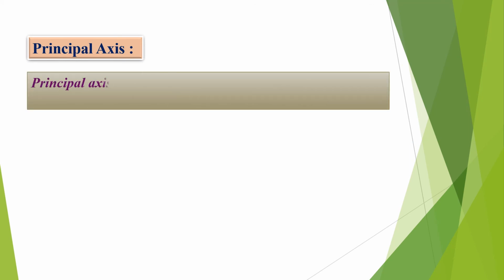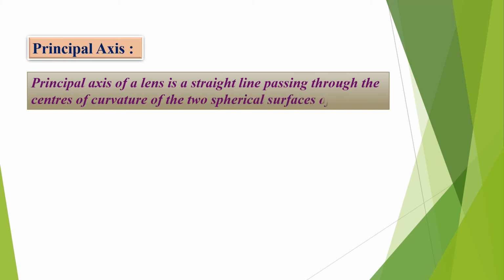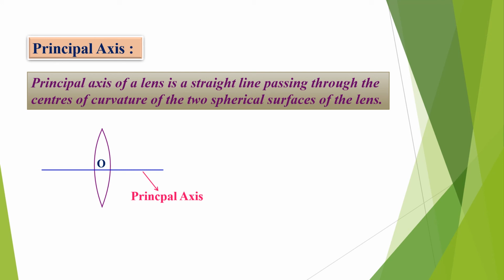Now principal axis. Principal axis of the lens is a straight line passing through the centers of curvature of the two spherical surfaces of the lens. As I told, the lens consists of two spherical refracting surfaces, and there are two centers of curvature. Joining those two centers of curvature, which passes through the optical center, is known as the principal axis.